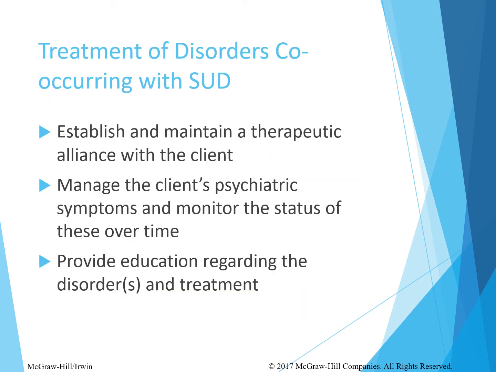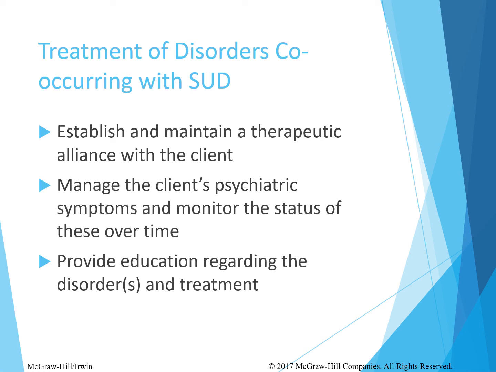As with any other treatment and counseling relationship, the first step is to establish and maintain a therapeutic alliance with the client. The client needs hope and someone with whom they feel they can work to get better.